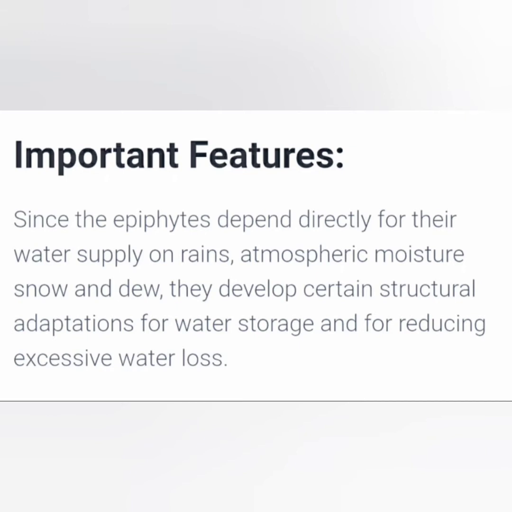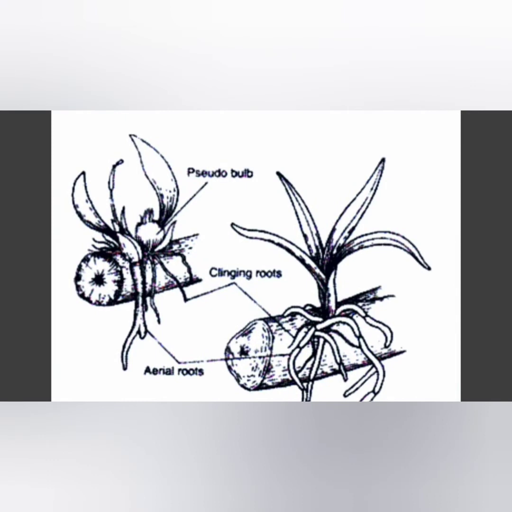But these epiphytes, since they are not rooted in the soil, develop certain structural adaptations for water storage as well as for reducing excessive water loss. The first type of adaptation is morphological adaptation.